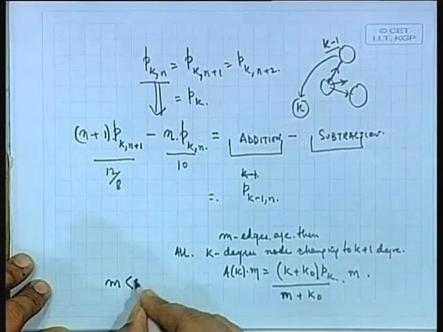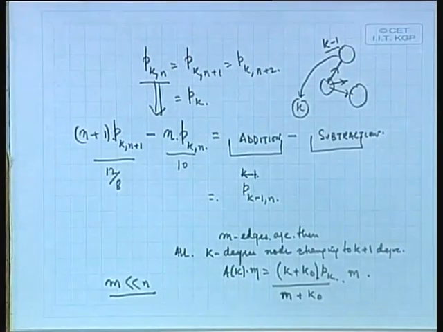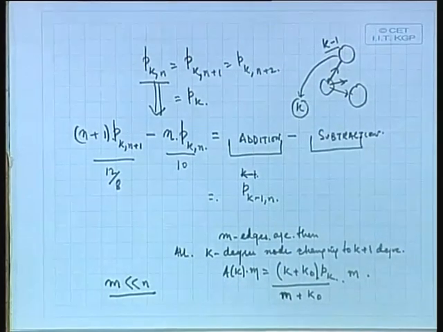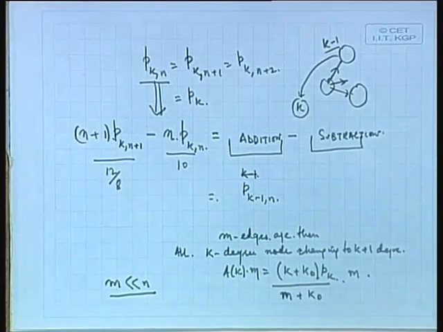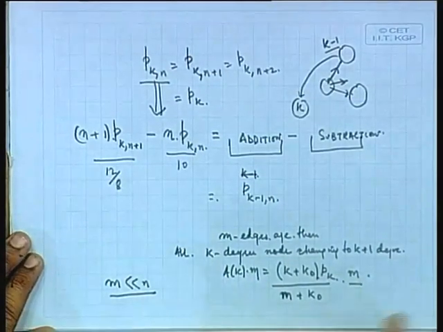It can so happen that the first edge falls on node 1 or node 7, and the second edge also falls on node 7. But the assumption is that m is less than n. So, you are coming with maybe 5 edges, and the number of nodes present in the network now is 10,000. If you do some random sampling, it is very unlikely that 2 will fall on the same node. That is why this independence holds.